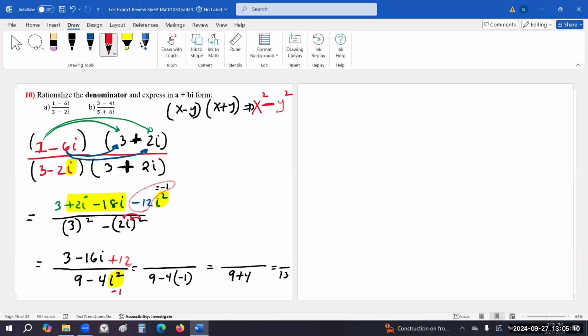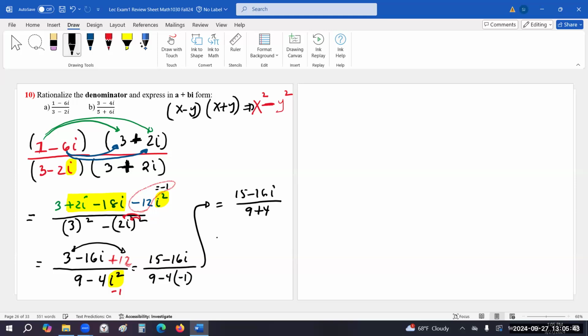So we have negative 12i squared, that means it's positive 12. Do we have any more like terms to combine? We have 3 and 12. How much again? 15. So 15 minus 16i over 9 plus 4, 15 minus 16i over 13.